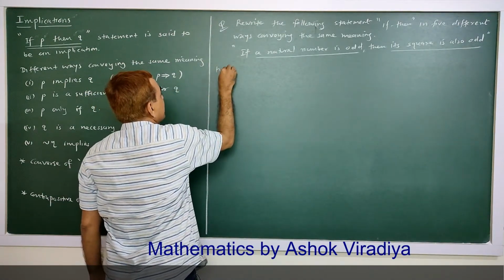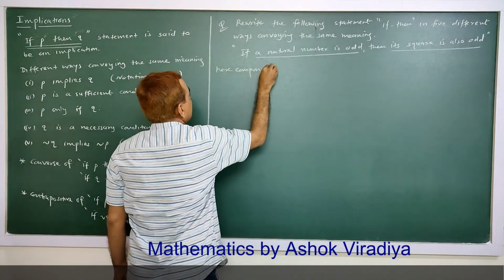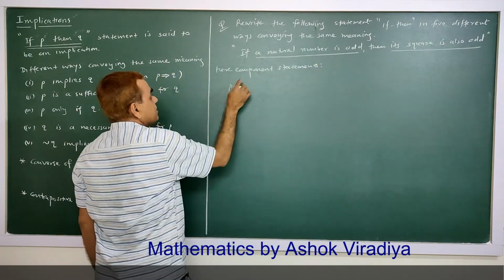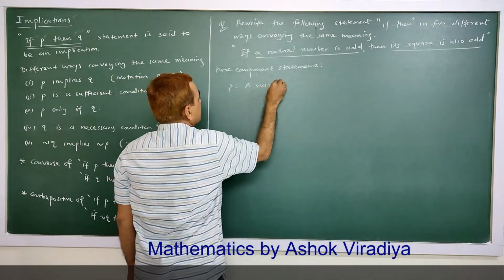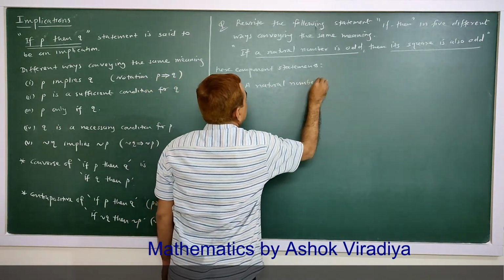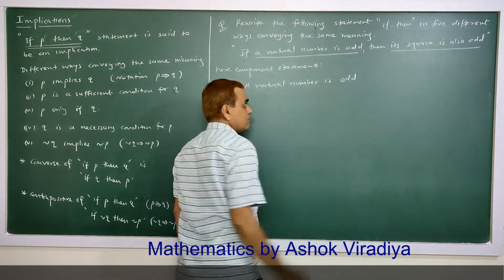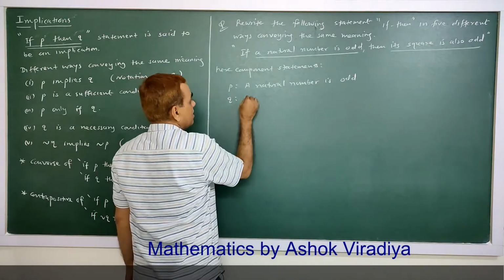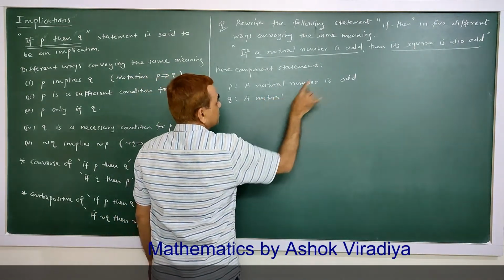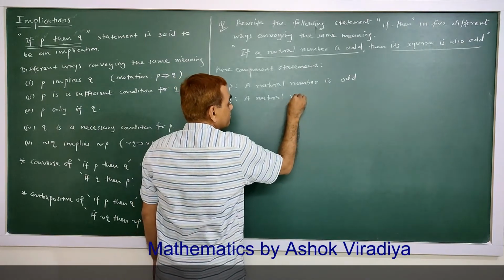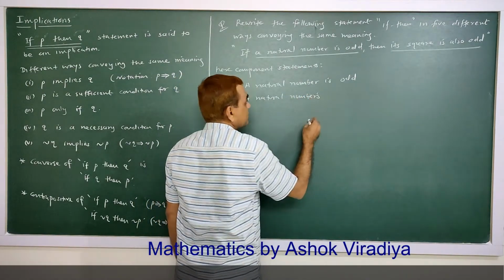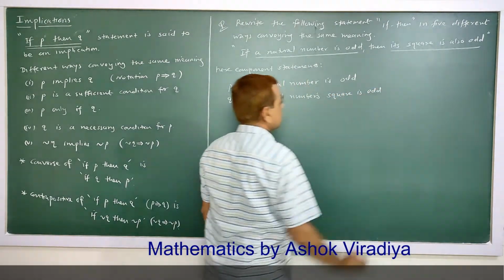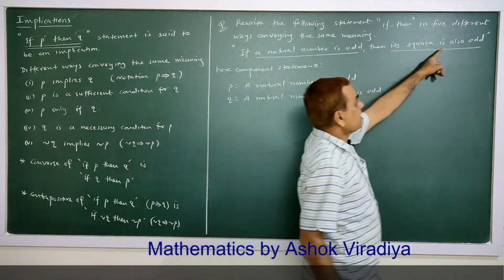So here the component statements are: let me say P is "a natural number is odd", then Q is "a natural number's square is odd".